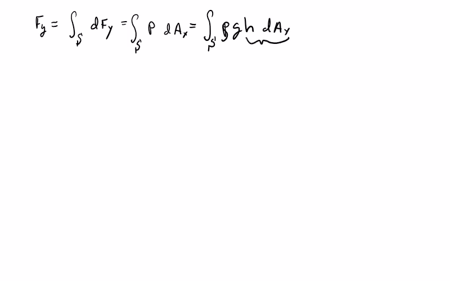Now, let's think about that. If we have our surface here, and here's our little area we care about, dA, and this is dAx, and this is dAy, and this distance here is h, then what is h dAx really?